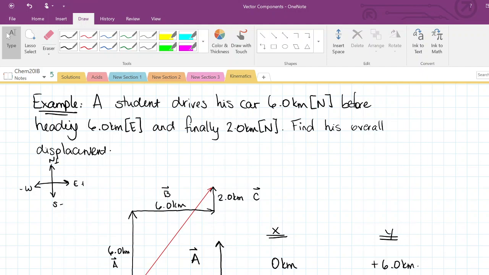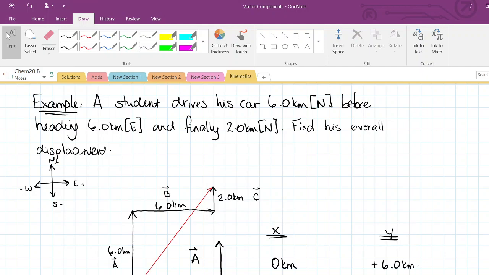Because if I've drawn everything with an appropriate length for each of the arrows, this is my 6 kilometer arrow, and this is quite a bit longer. So I'm anticipating something larger than 6 kilometers, and something in this northeastern quadrant, because I've got my little rosetta here. So that's what I already know my final answer should be.